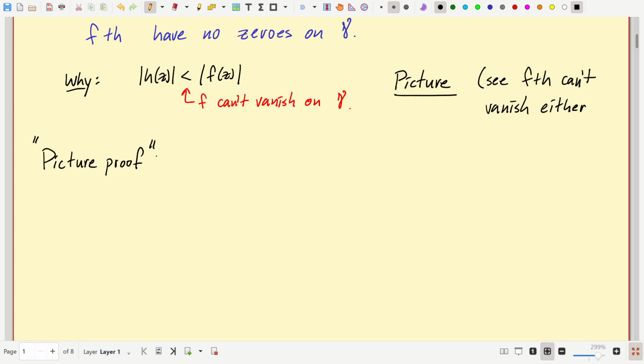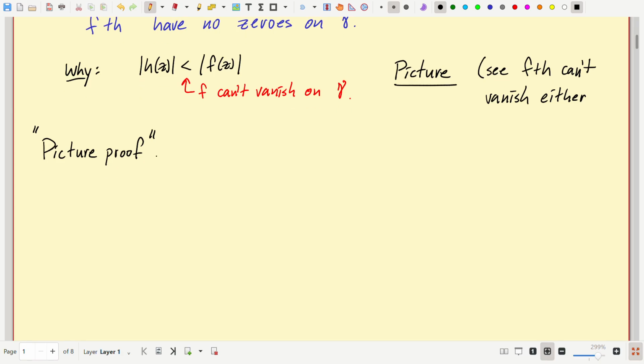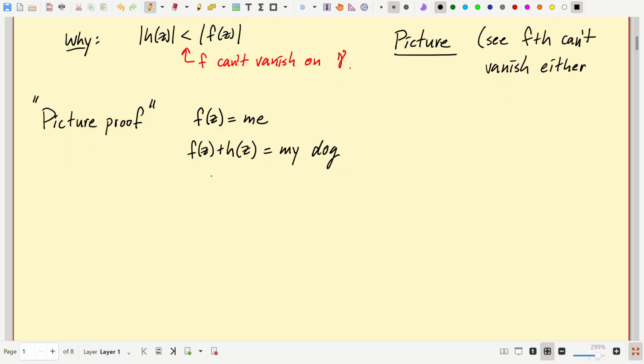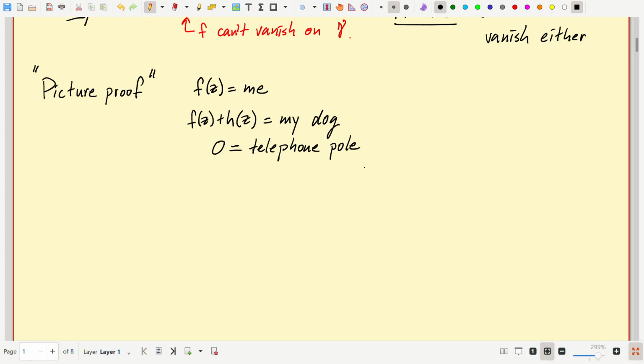The proof is going to be the argument principle, but the picture proof is the way you remember this fact. So f of z is going to be me. F of z plus h of z is going to be my dog. Zero is going to be a telephone pole. And h of z is going to be the leash length.